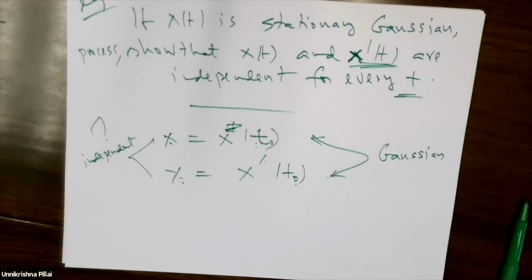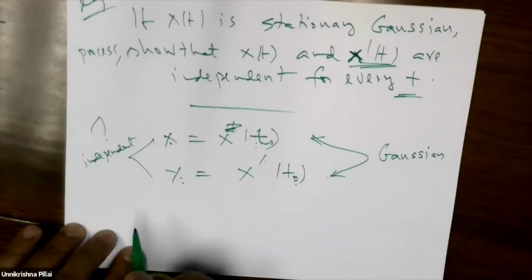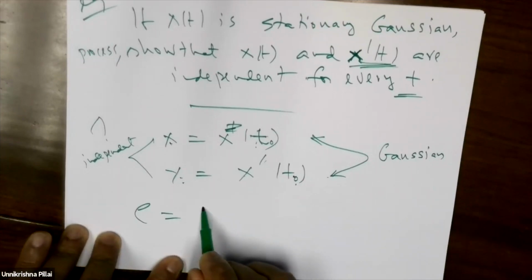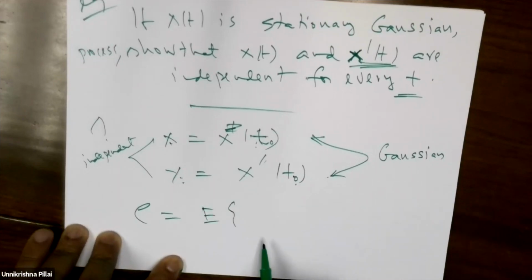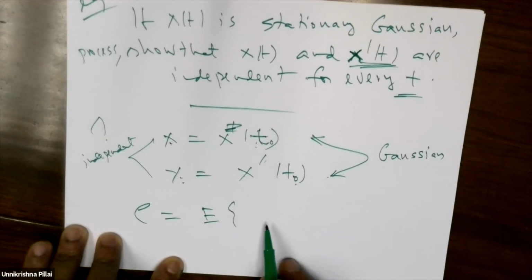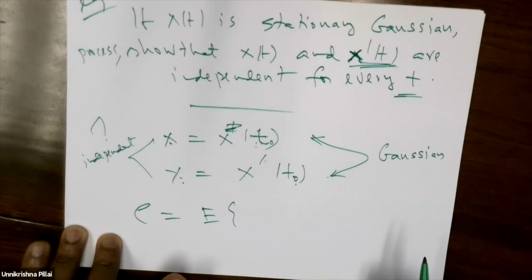So what is the correlation coefficient? What is the definition for the correlation coefficient for x and y? How do you define the correlation coefficient between x and y? You forgot that simple thing?